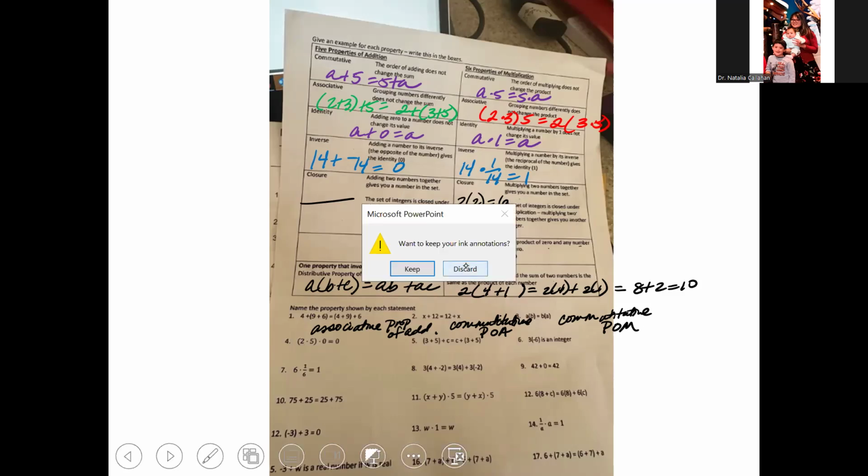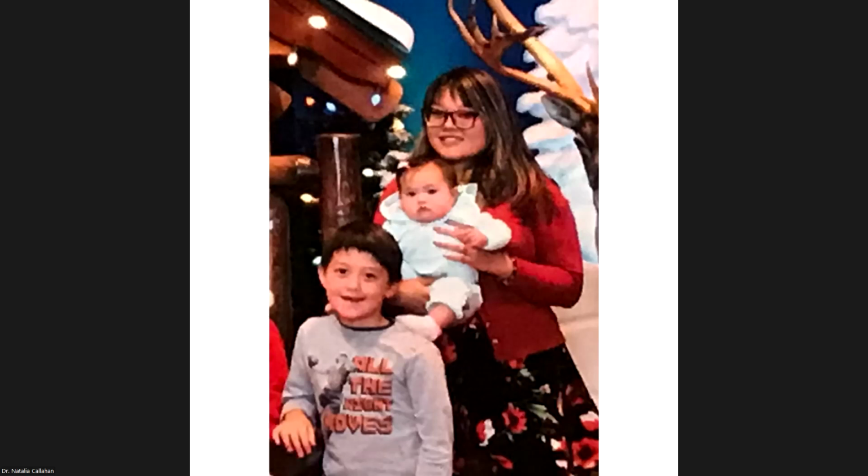0. It is 0 property of what? What is the actual name, though? Property of 0. I don't really think that's the name. It just says 0. The product of 0 and any number is 0. So can I just say product of 0?